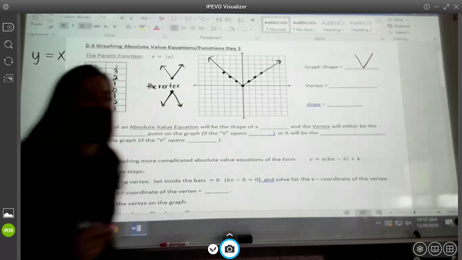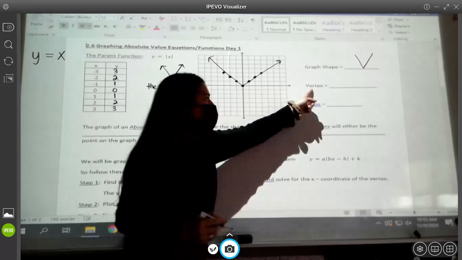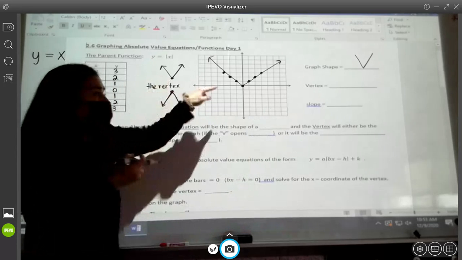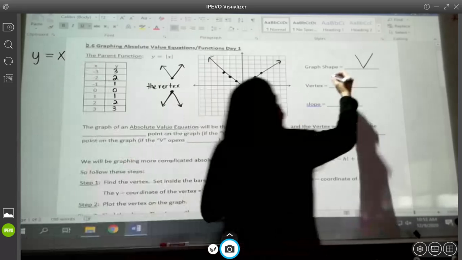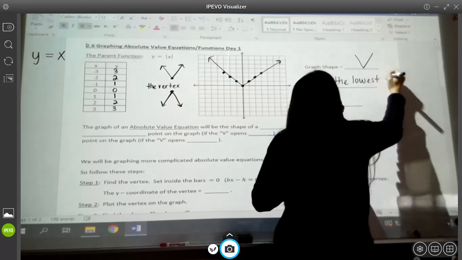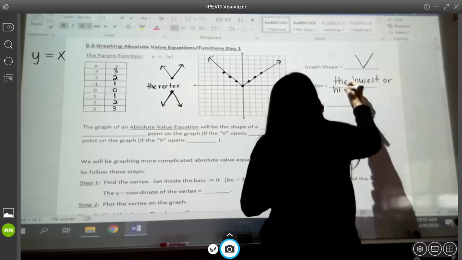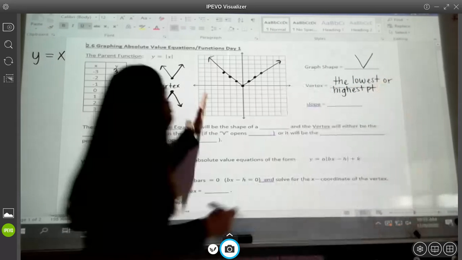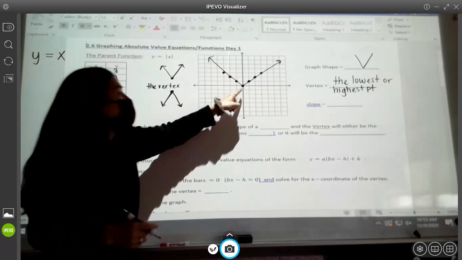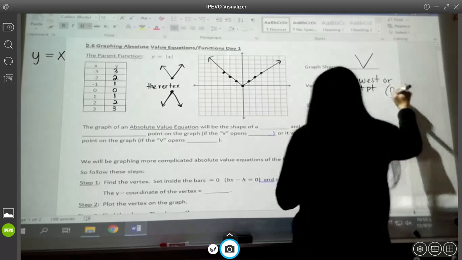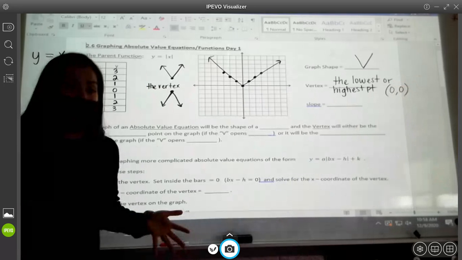The vertex is going to be either the lowest or the highest point on that V. Now, because this equation was so simple, his vertex was (0, 0). But guys, it's not always going to be (0, 0) because the equation won't always be this simple.